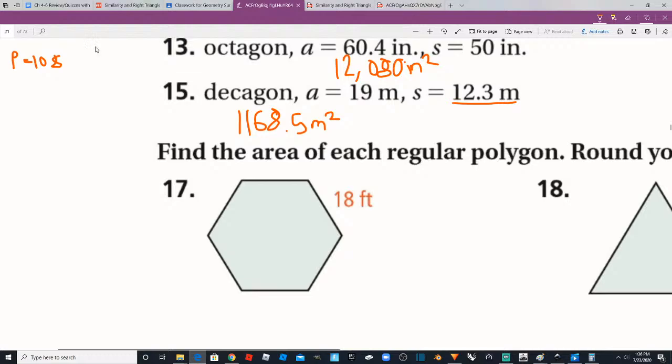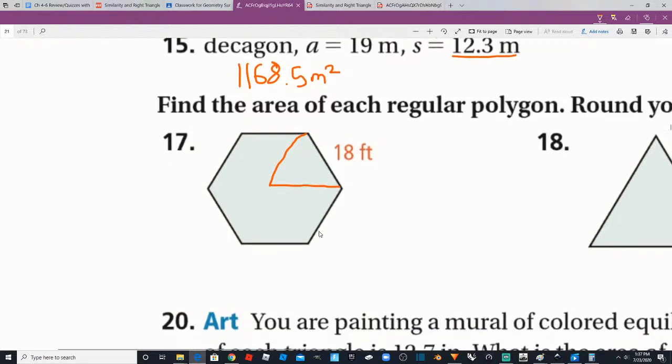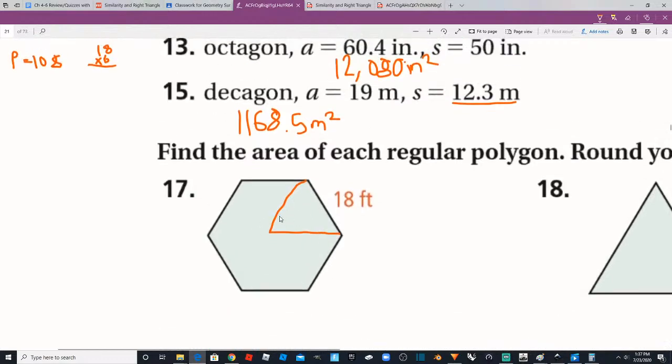I'll rewrite it if you need to refer back: 18 times 6, that's 108. Now, we need to find the apothem. So let's draw a quick little sketch, and you don't need this sketch, but this is just to show you.